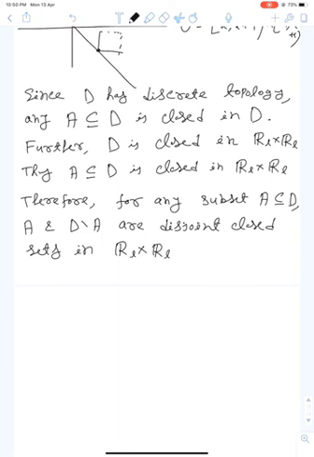Now, if RL cross RL is normal, then we will get a contradiction.